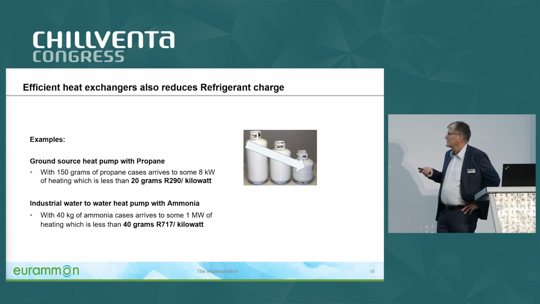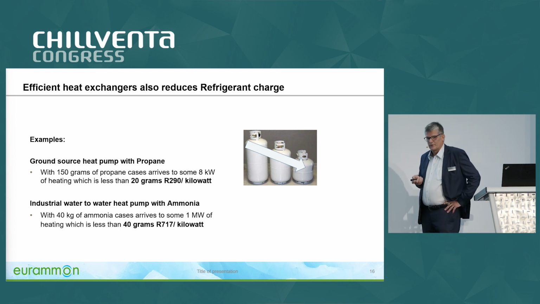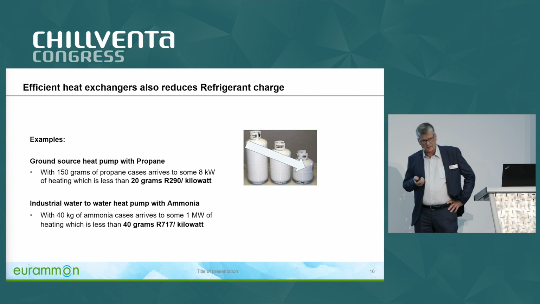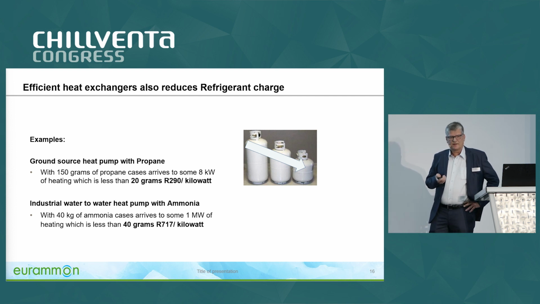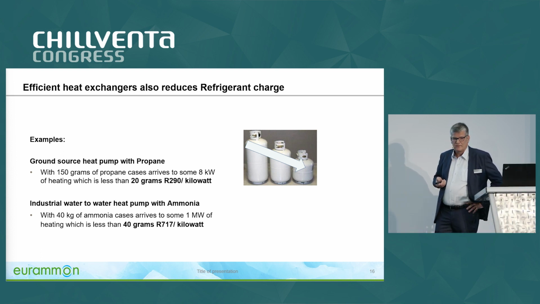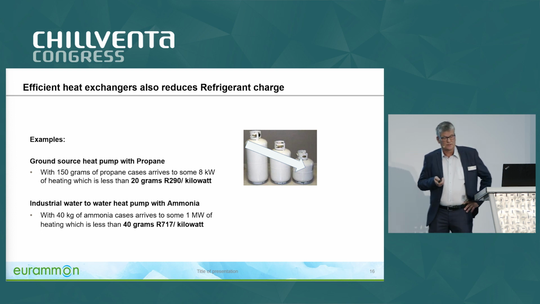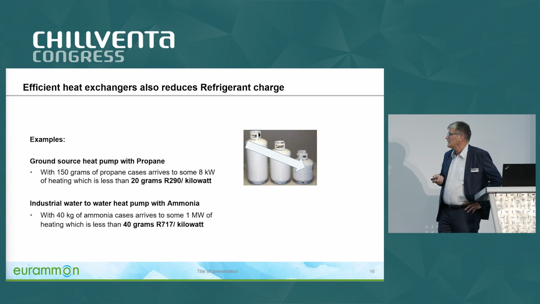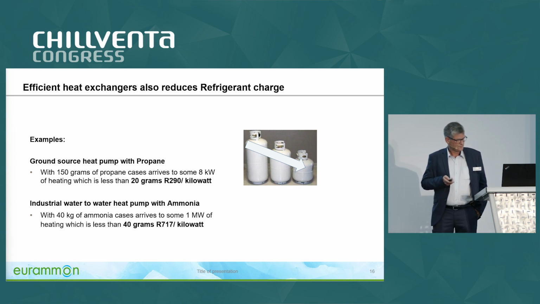And that means that we have less than 20 gram of propane per kilowatt. This is not the most fantastic, but it's a beautiful number to see. And on the ammonia side, the case with 40 kilogram of ammonia arrived to 1 megawatt of heating. And that means around 40 gram ammonia per kilowatt.